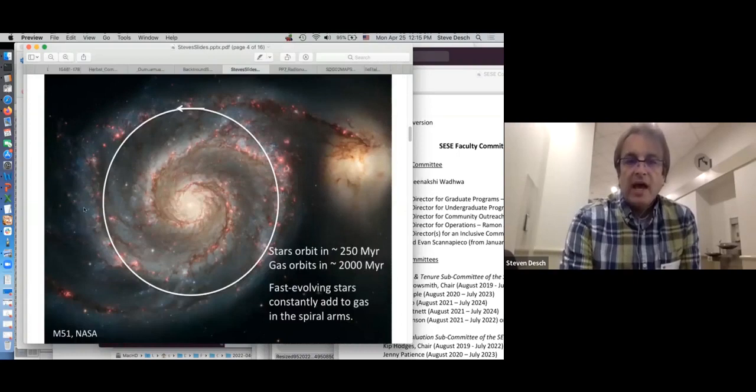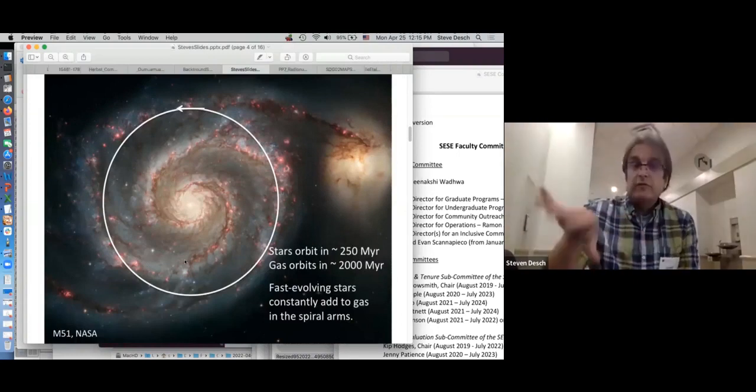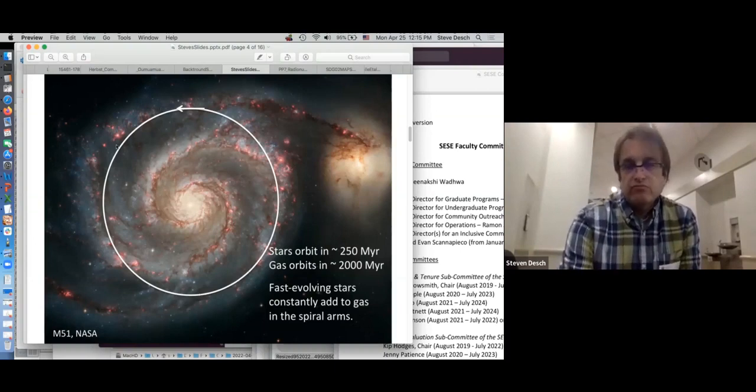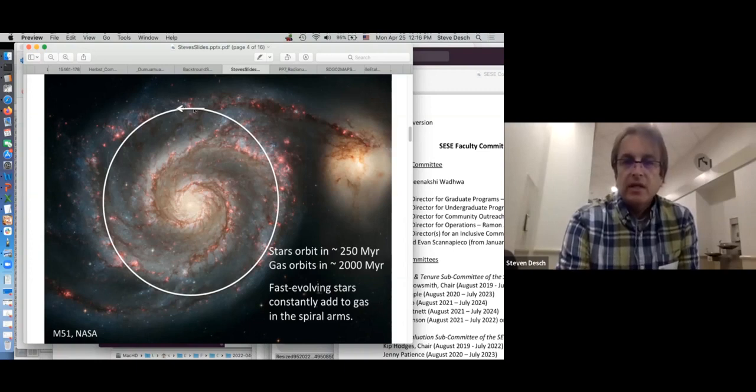The pattern that you see is rotating at a different rate from the stars themselves. In fact, stars are orbiting, the sun takes about 250 million years to go around the galaxy. The gas is orbiting much more slowly. This pattern speed is moving more slowly. So the stars go in and out of these spiral arms very quickly.